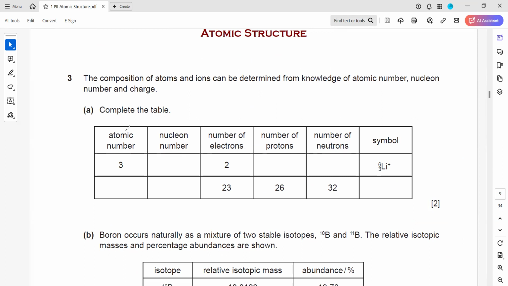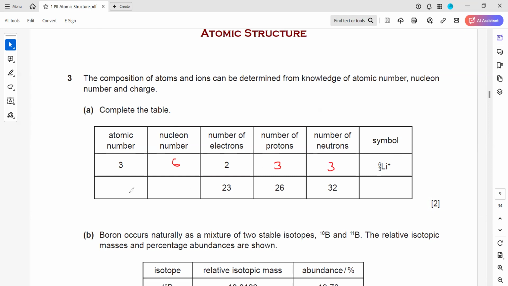Atomic number also shows the number of protons, so the number of protons will be 3. Nucleon number, it's written here, 6. Nucleon number is the sum of neutrons and protons. If the nucleon number is 6 and 3 protons are there, how many neutrons should be there? It should have 3 neutrons.